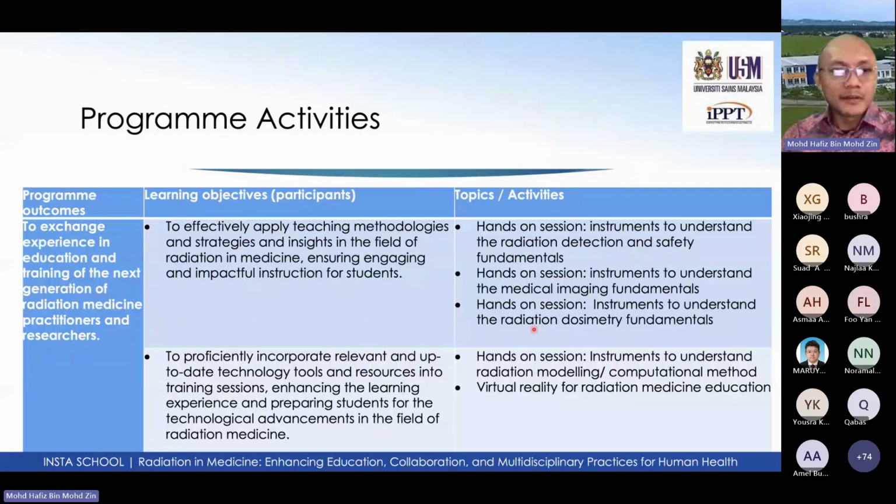Besides that, we also have a hands-on session where the participants would have the opportunity to work with the instruments involved in radiation in medicine, as well as look into the teaching tools that the educators use to deliver the education in radiation medicine effectively.